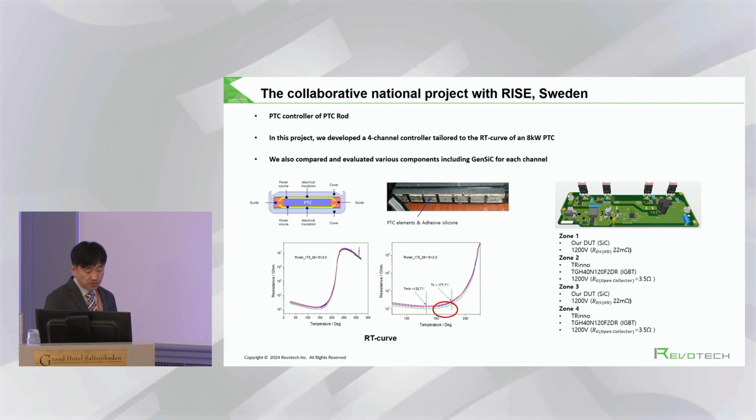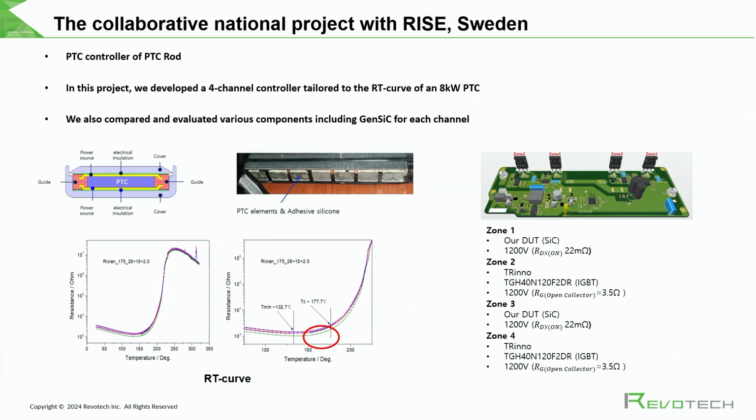In the case of the PTC controller prepared for this test, different elements were used in each of the 4 zones. The IGBT was used in Zone 2 and Zone 4, and our SiC MOSFET in Zone 1 and Zone 3.